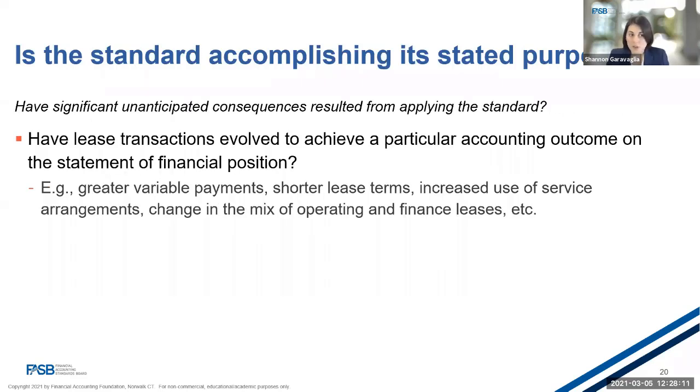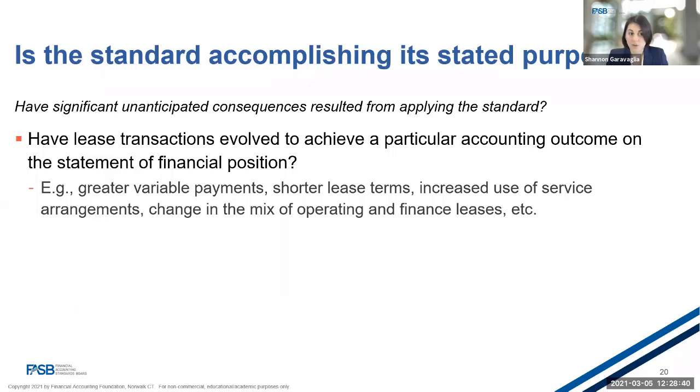And the final sub-question is whether there have been significant unanticipated consequences that have resulted from applying the standard. And so here we're wondering, have lease transactions evolved to achieve a particular accounting outcome on the statement of financial position? So Chris did a nice job of outlining some of the changes to the accounting for leases. So we wonder, have the way that those accounting changes have manifested resulted in changes to how actual lease transactions are being conducted?